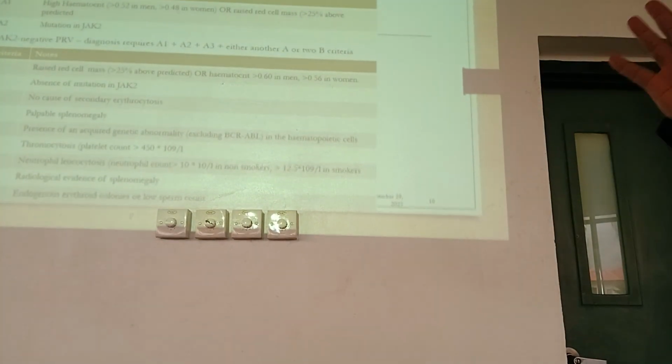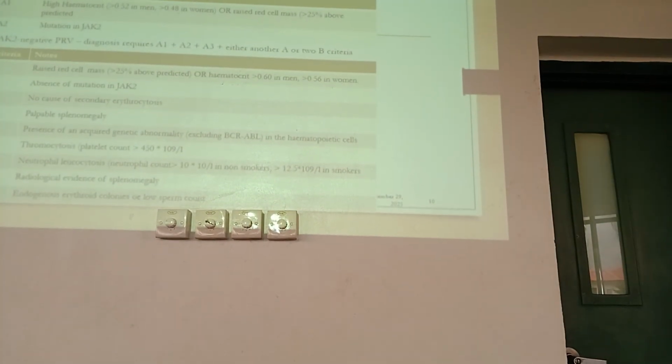So this is the British Committee for Standard Hematology classification of polycythemia rubra vera.